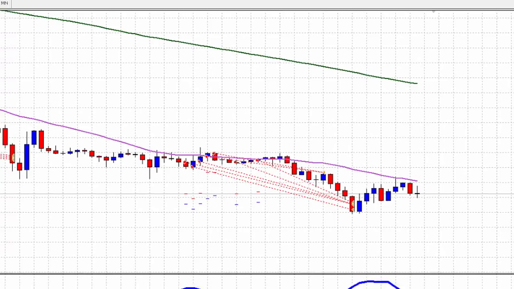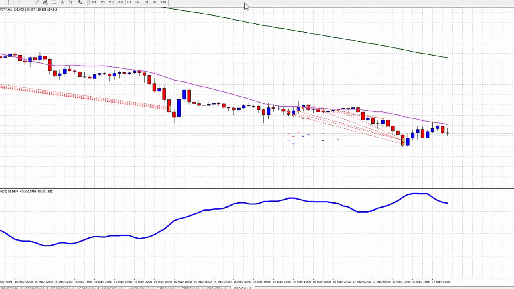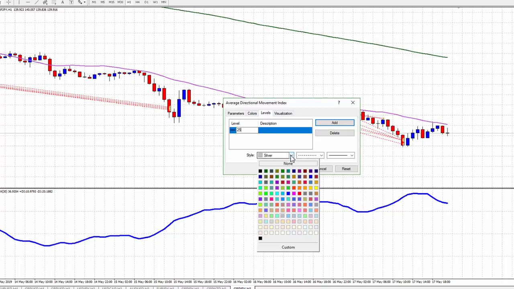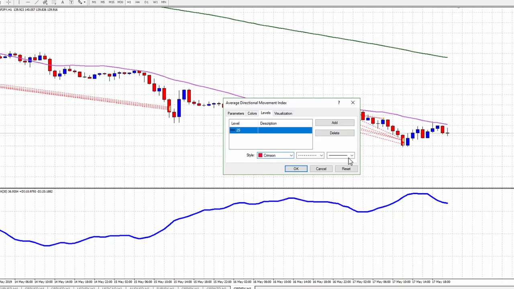So there's the ADX indicator. It says only trade when the price is above 25, so we need to put the 25 level in. I go to levels, add a level, and it's 25. I'm going to make that a nice bright red line.